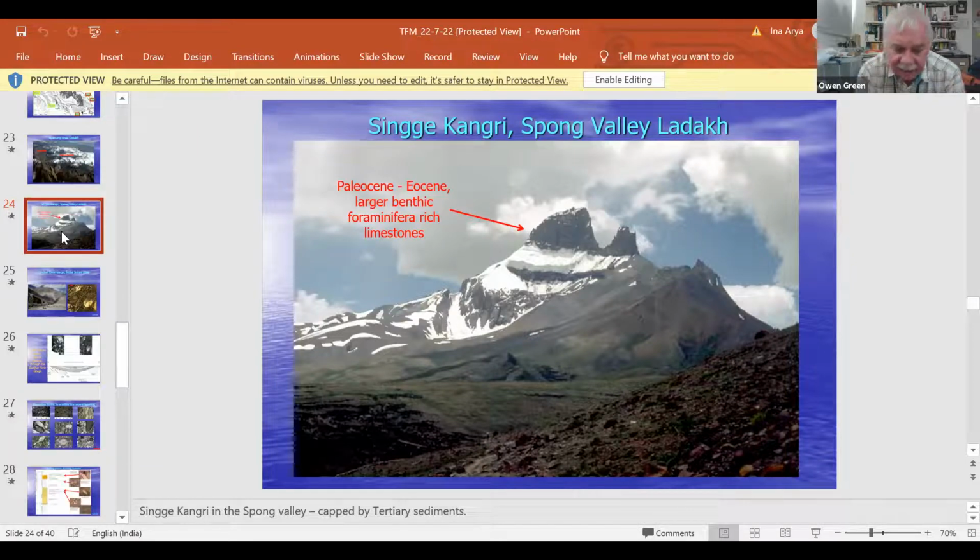And it's usually the float samples which are absolutely packed with foraminifera and larger benthics at that. Some of the sections we looked at are a little bit more difficult to see, but it's rugged terrain, something that you're all well aware of. If we go on to the next slide, please.